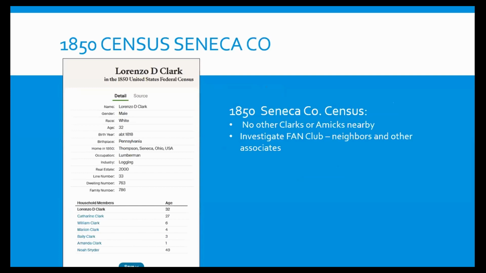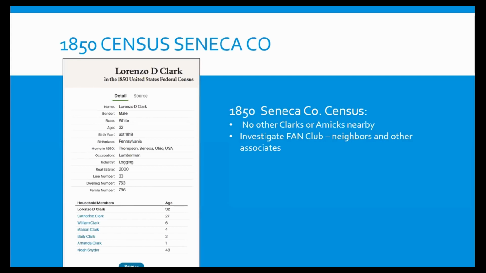So basically the earliest time period that this person had found Lorenzo Clark was in the 1850 census. And this is what I always suggest to people: really double down on that first place of residence that you find for him or her, and really do a good search for other people named Clark in the county, other people with the wife's last name, Amick or Emick, and then look at the FAN club.